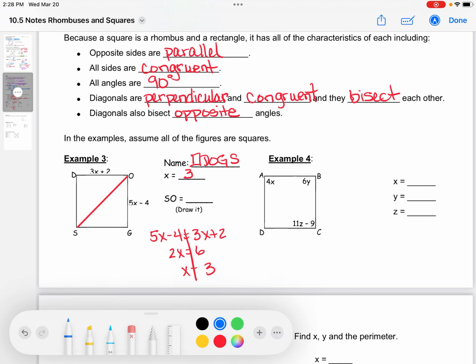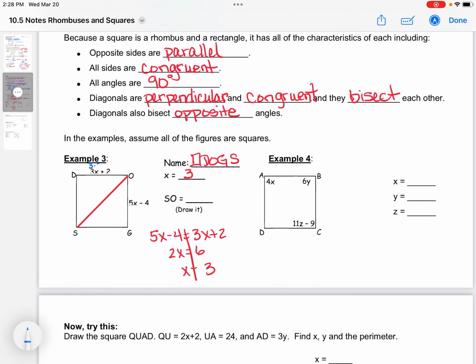Okay, so basically what we know is that I can put my 3 in here. So this is 3 times 3 plus 2, which is 11. This one is also 11.